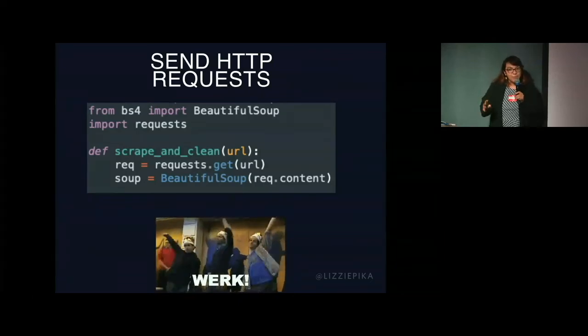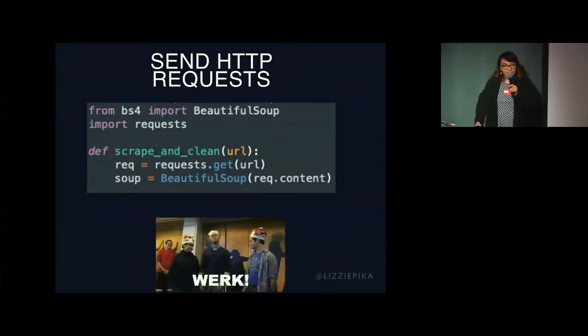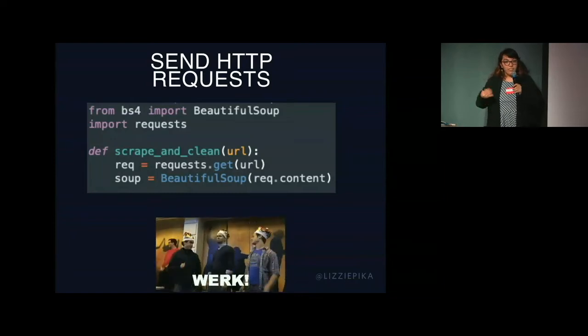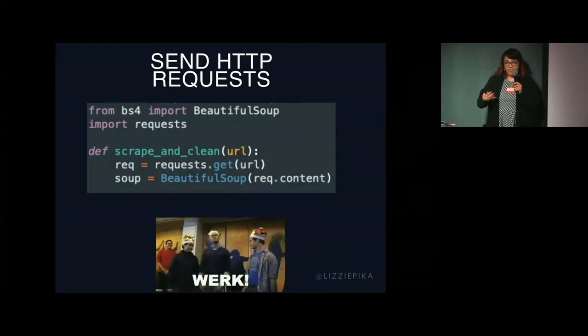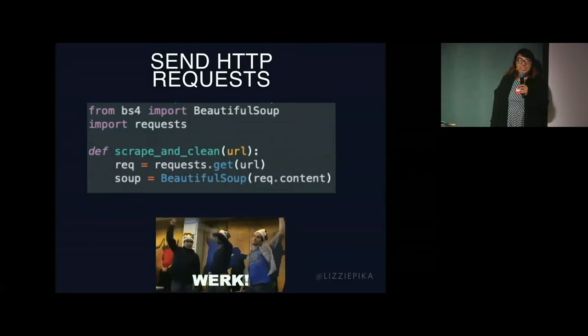An optional second parameter would be a parser. HTML parser is the default one for BeautifulSoup, but other ones you could use include LXML or HTML5lib, but those both require an external dependency, so we're going to skip that for tonight.